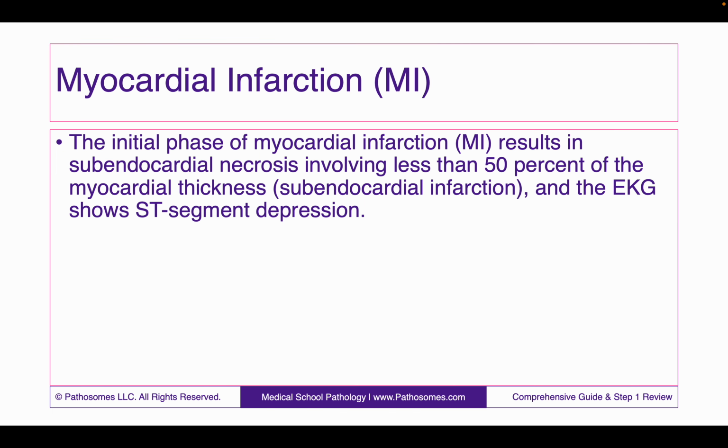Now, the initial phase of myocardial infarction results in subendocardial necrosis, involving less than 50% of the myocardial thickness. Therefore, it's termed as subendocardial infarction. And the EKG shows ST segment depression.